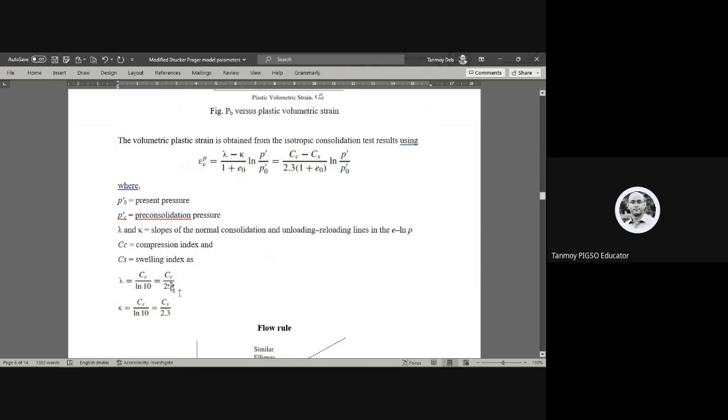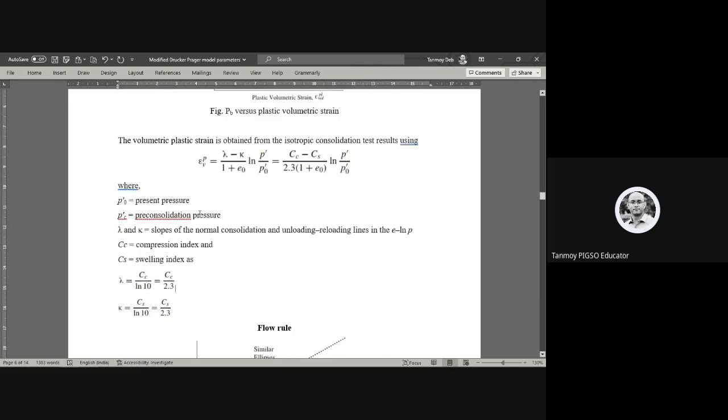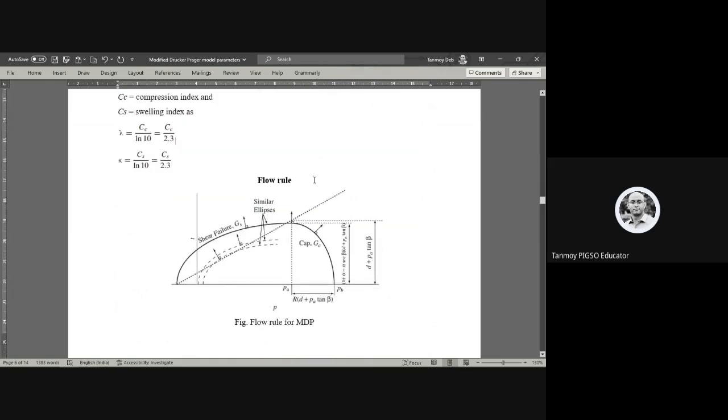They can be obtained from consolidation tests, and this lambda can be determined using Cc as Cc by ln10, and same for kappa. So these are the parameters which can be determined based on consolidation tests.